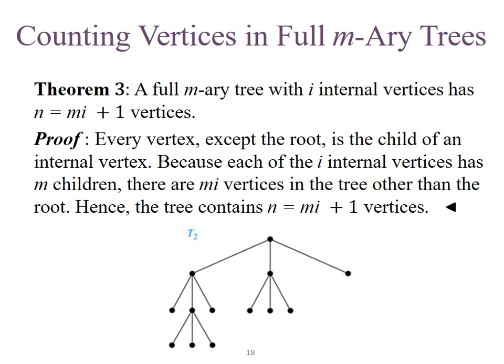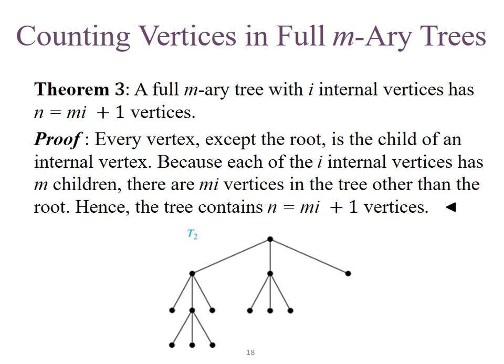Okay, maybe we can observe these trees first. If we have i internal vertices, how do we infer the total number of vertices of the tree? The key is we know this is an m-ary tree, a full m-ary tree. Full m-ary tree means every internal vertex has exactly m children. So for this internal vertex, it has 3 children.